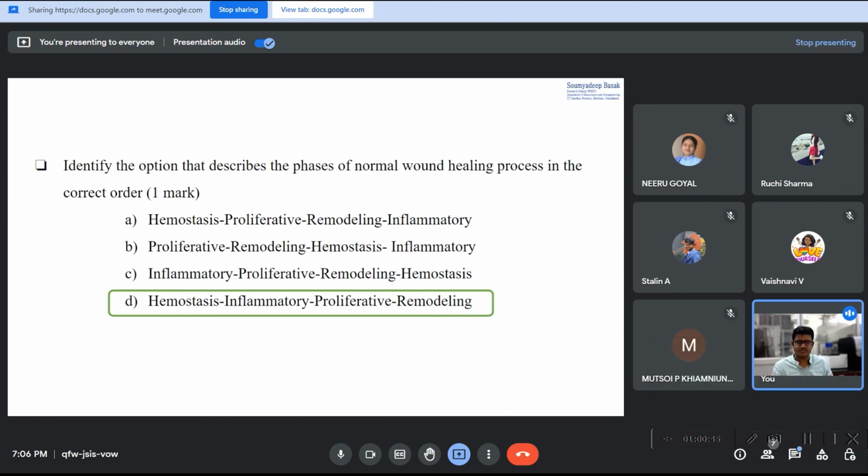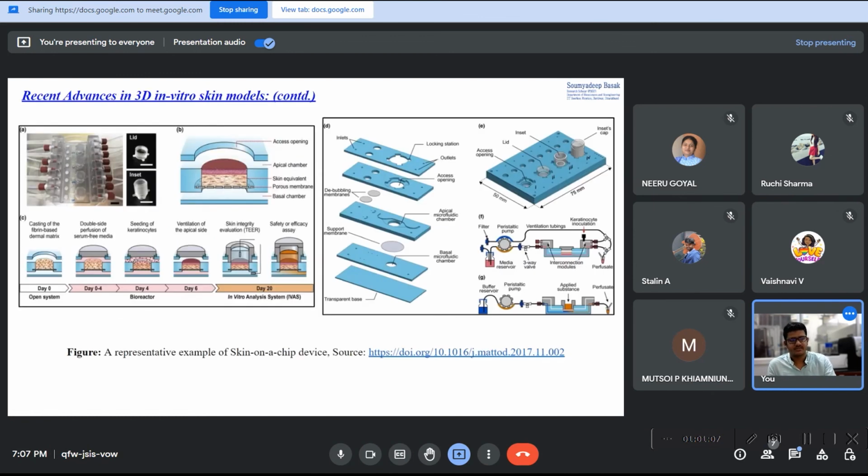It was written hemostasis or homeostasis. Homeostasis also occurs in the perspective of mechanobiology, so that's why I was reading it as homeostasis. But whatever is written, the correct order is hemostasis, inflammatory, proliferative, and remodeling. Right. This is the correct order.